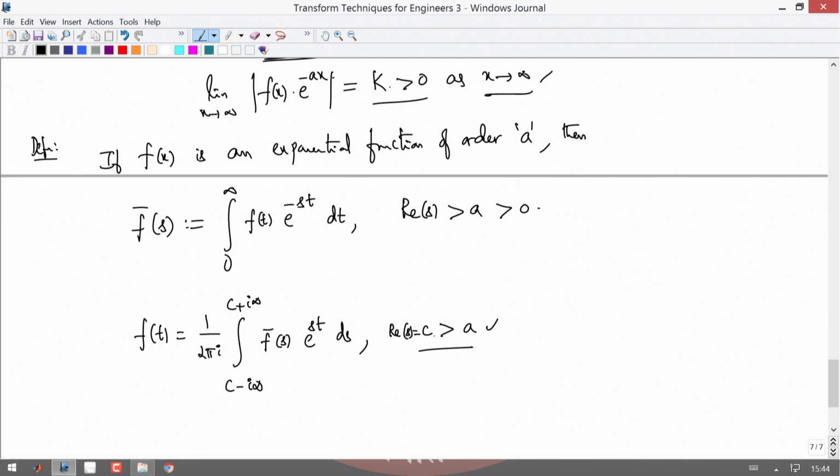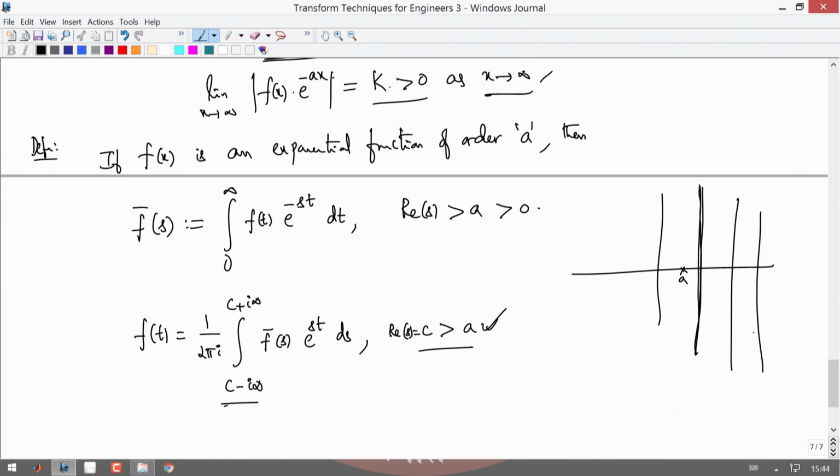If your function is of exponential order a, where a is positive, you can choose any c which is bigger than a, that is your contour integration over this. Anything you can choose here, anything bigger than a, that is all. That is the meaning of inverse transform.